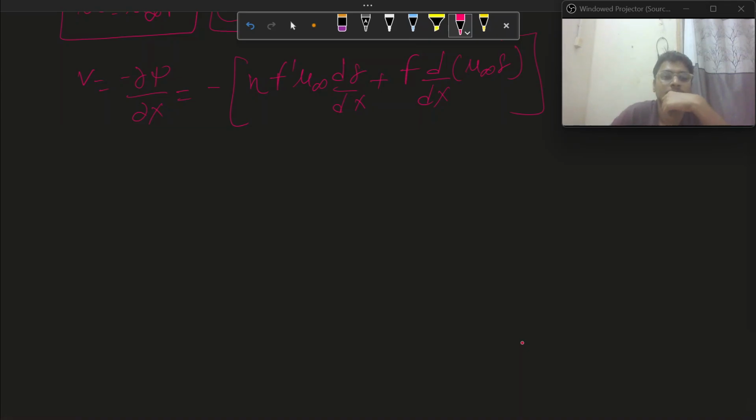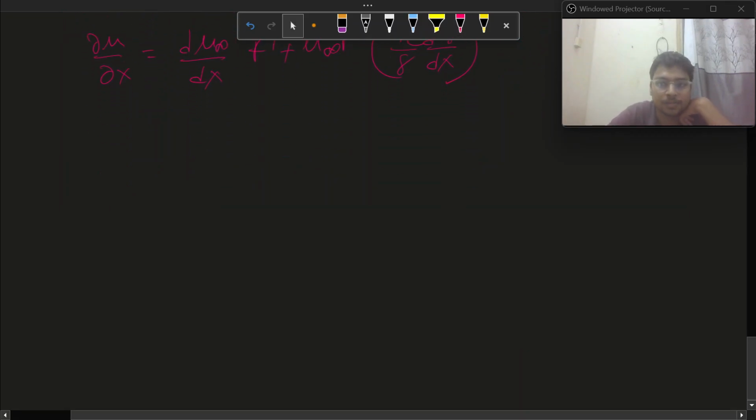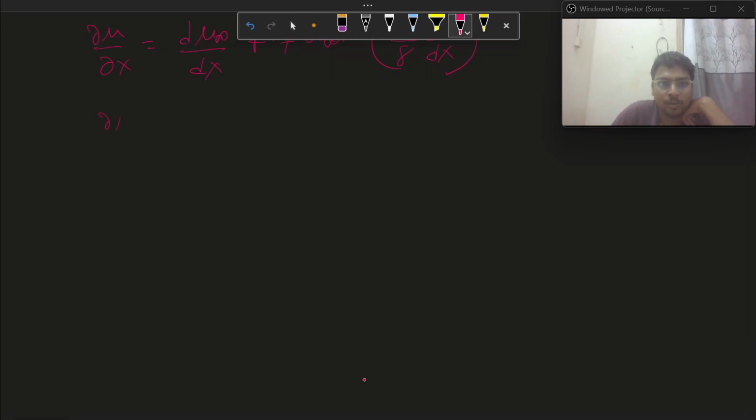And we get ∂u/∂x equal to du_infinity/dx f dash plus u_infinity f double dash times minus η by ξ dξ/dx. ∂u/∂y equal to u_infinity f double dash 1 by ξ, and ∂²u/∂y² equal to u_infinity f triple dash 1 by ξ square.